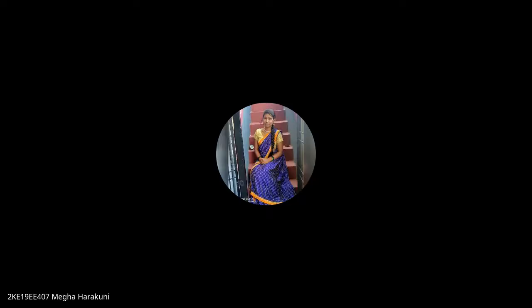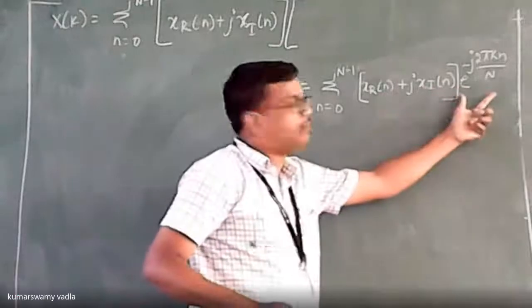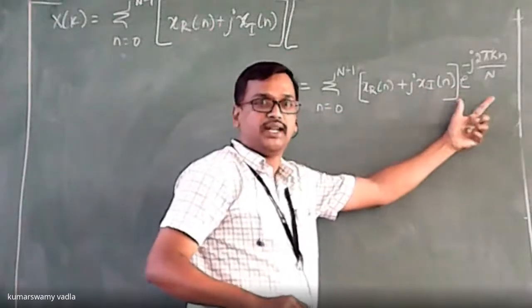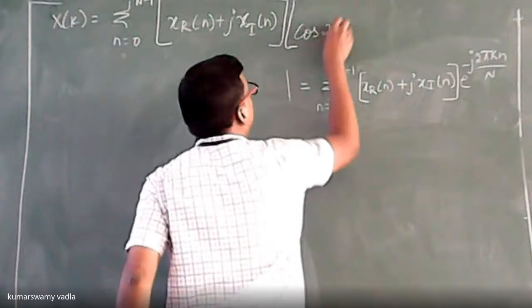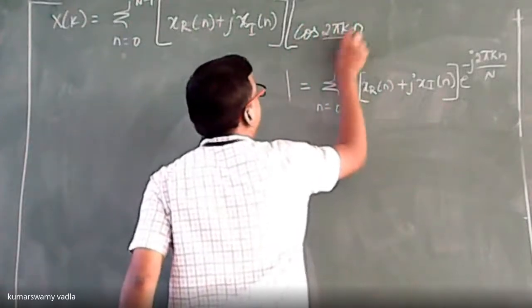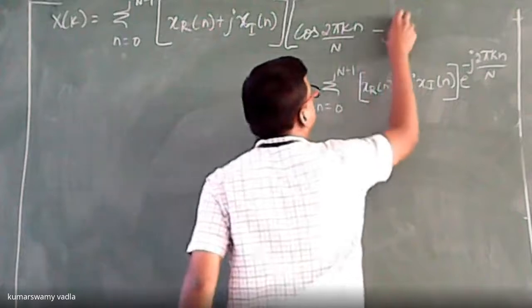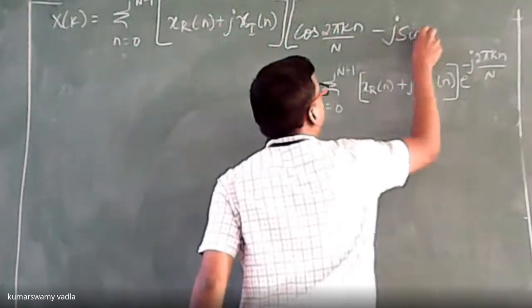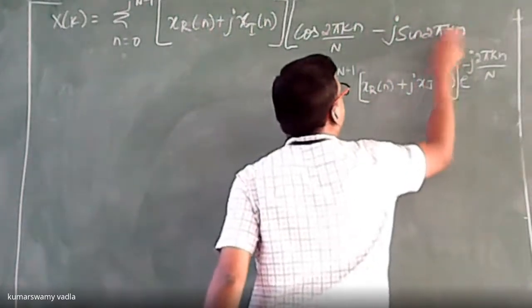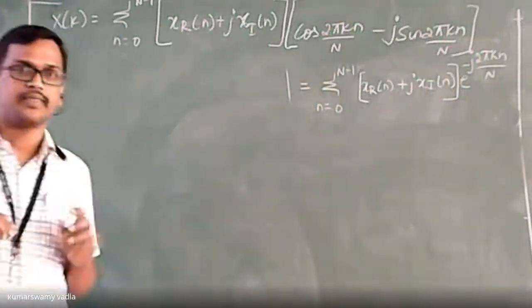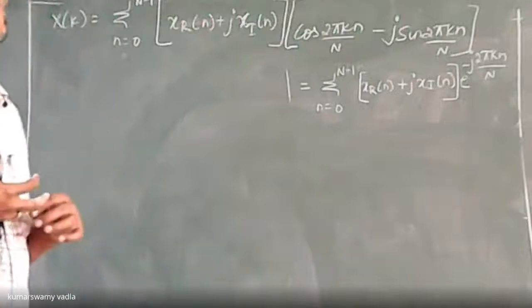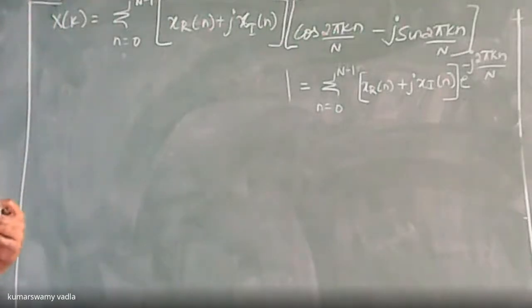Yes, sir. Now, this part, e power minus j 2 pi k n, I will write like this: cos 2 pi k n divided by N minus j sine 2 pi k n divided by N. Can everybody see now at least? Yes, sir.